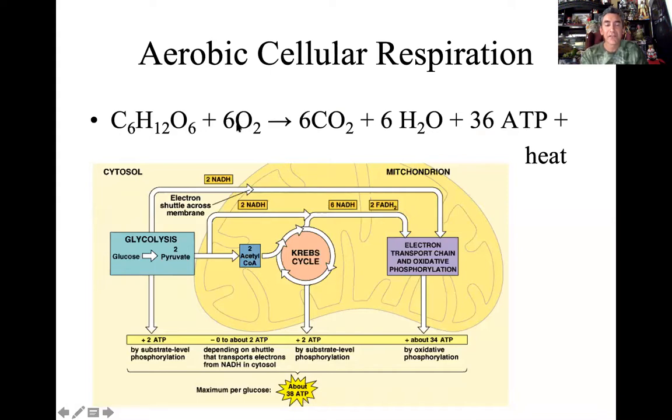We know that we have 6 oxygens that were utilized way over here at the end in the electron transport chain. We formed a total of 6 carbon dioxides. We did 2 from the pyruvate oxidation and then 4 from Krebs. 6 waters were all formed in the electron transport chain, and we form an average of 36 ATPs, right?